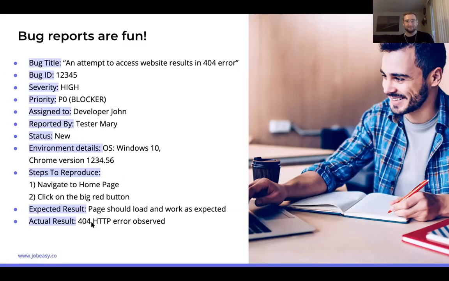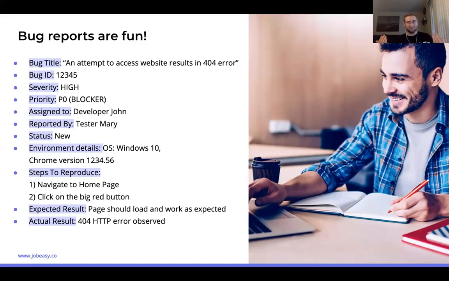That's what we see. Every time we see a mismatch between expected result and actual result, we file a bug report. That's probably the number one goal for all QA engineers: to check what we expect to see when we test one part of the software, maybe one feature, against what we actually see.